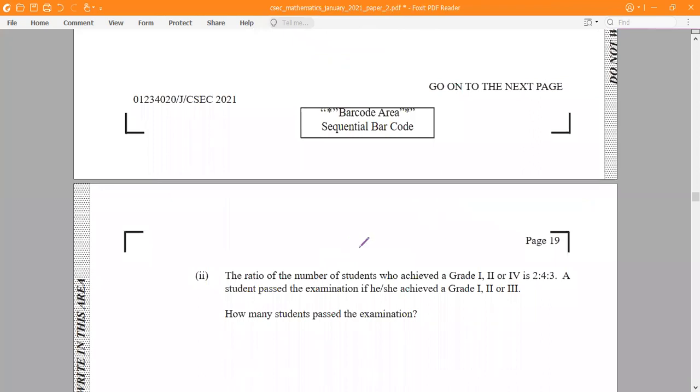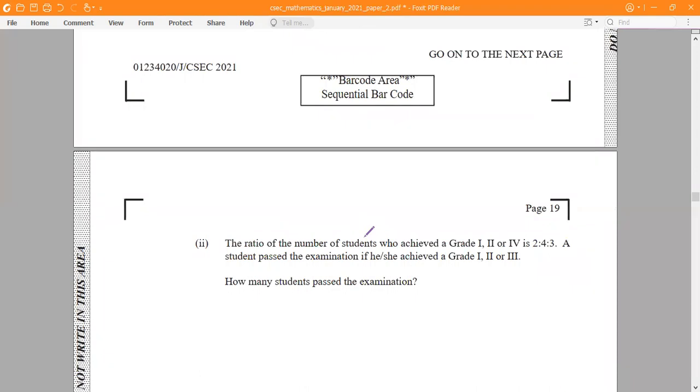The ratio of the number of students who achieved a grade 1, 2, or 4 is 2 to 4 to 3. A student passed the examination if he or she received a grade 1, 2, or 3. How many students passed the examination? So the total number of students who wrote is 120.